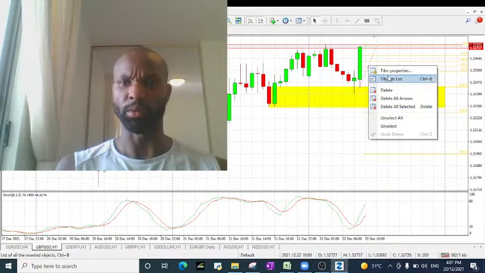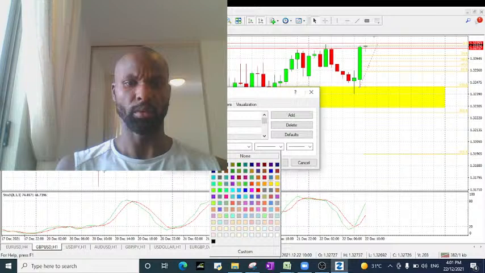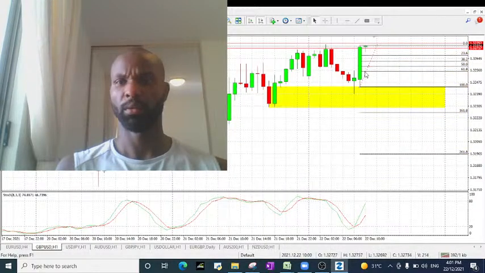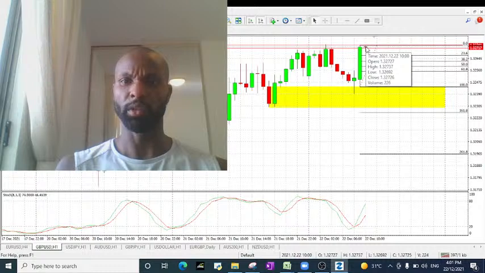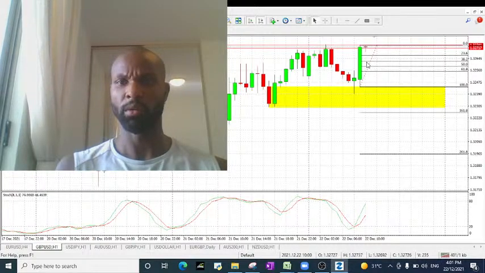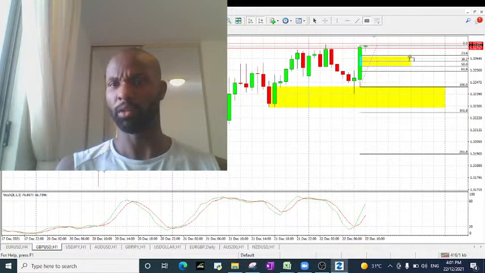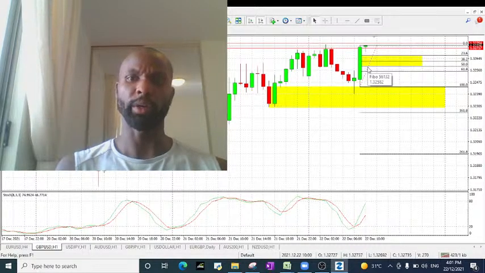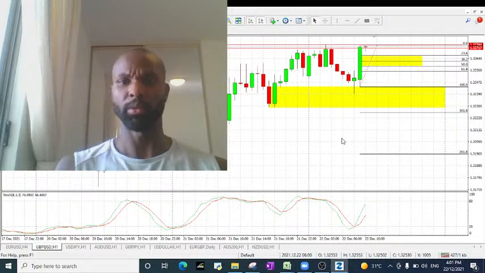If this candle retraces maybe to here, this is like a Q zone. Anywhere around here, it's a Q zone. If we pull back into this area, we're taking buys and exiting for maybe 10 pips.